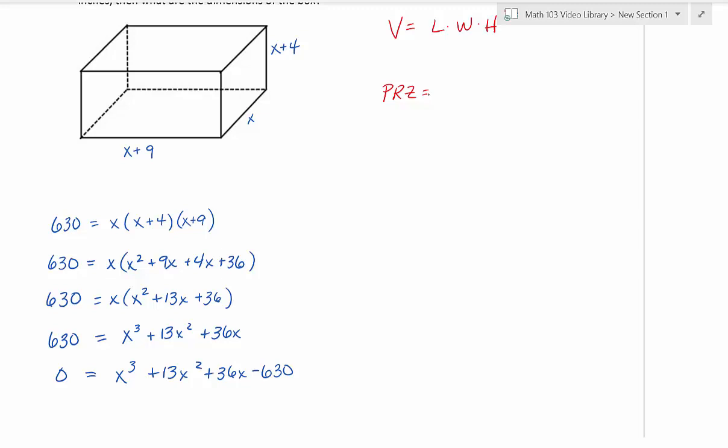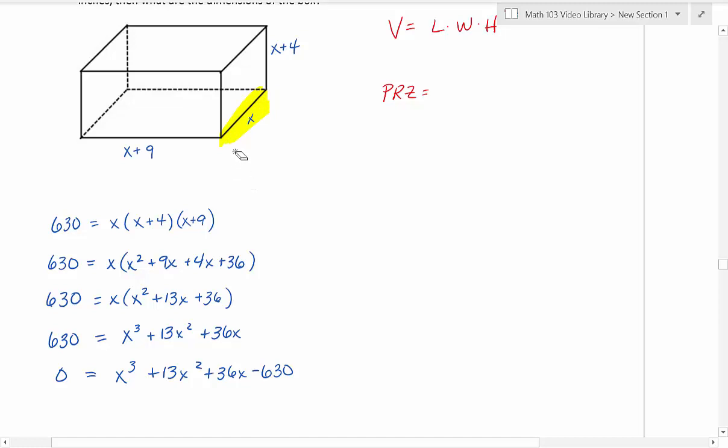Also notice that our leading coefficient is 1. So we're doing the factors of the constant divided by the factors of the leading coefficient. We're always dividing by 1, so really we're just looking at factors of our constant. Also think about what x represents. Looking at our diagram, x is the width of a box.